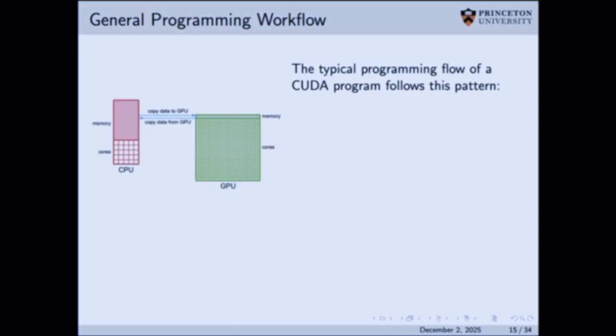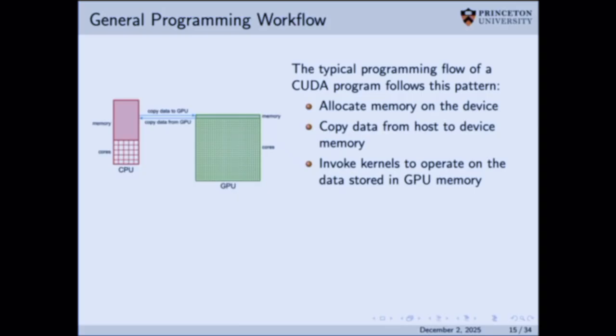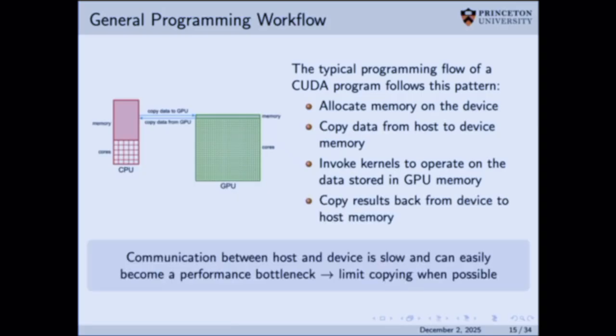Now I wanted to talk a little bit about the programming model. You saw this diagram earlier, so I'm just going to jump through this. Because the GPU does not have access to CPU memory or disk, the main workflow we follow when we program a CUDA program is we allocate memory on the device, and then we copy all the input data over to the device. Then we call the kernel using this data.